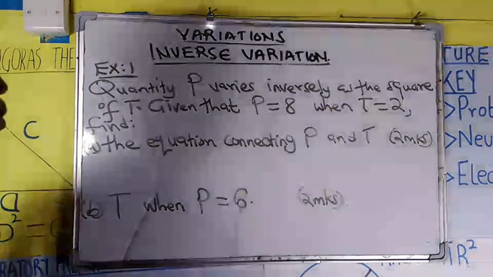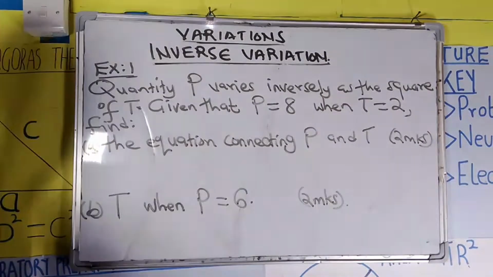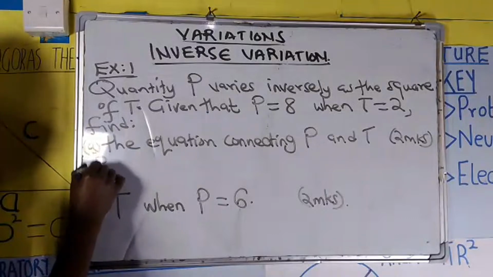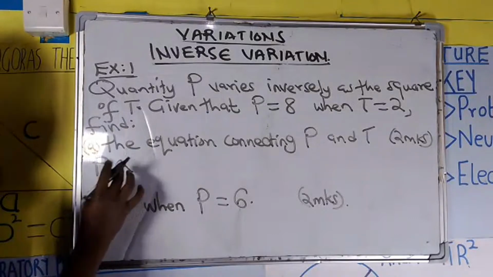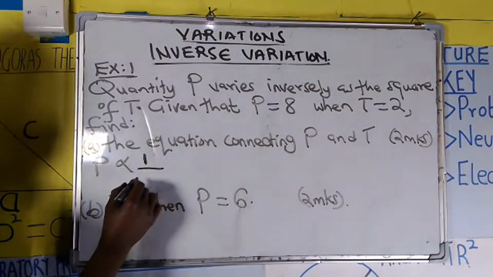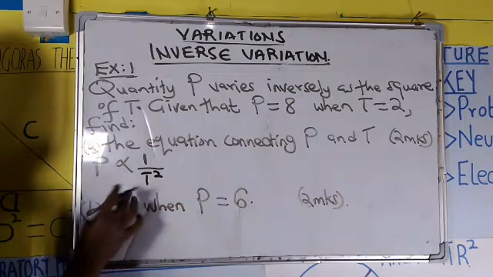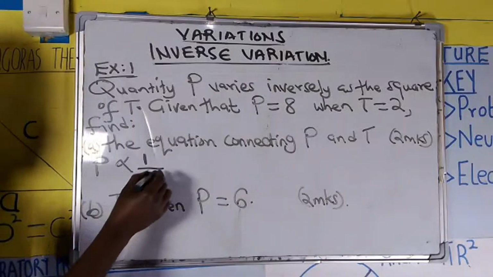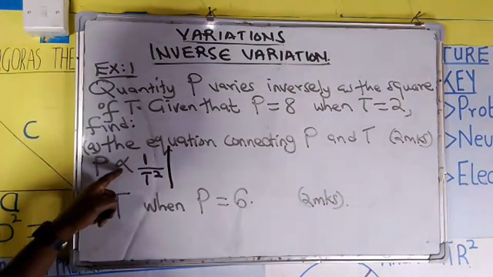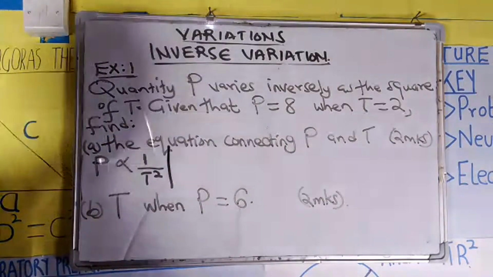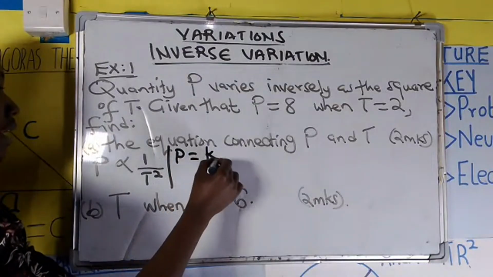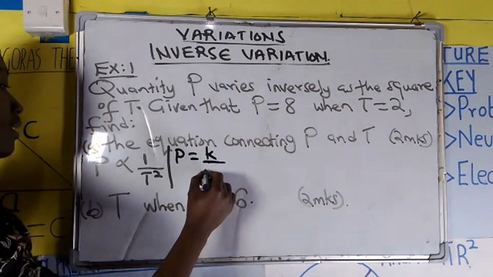Quantity P varies inversely as the square of t. So tukasema ukisema hivi sasa una introduce k. So itakuwa P is equals to k over t squared.